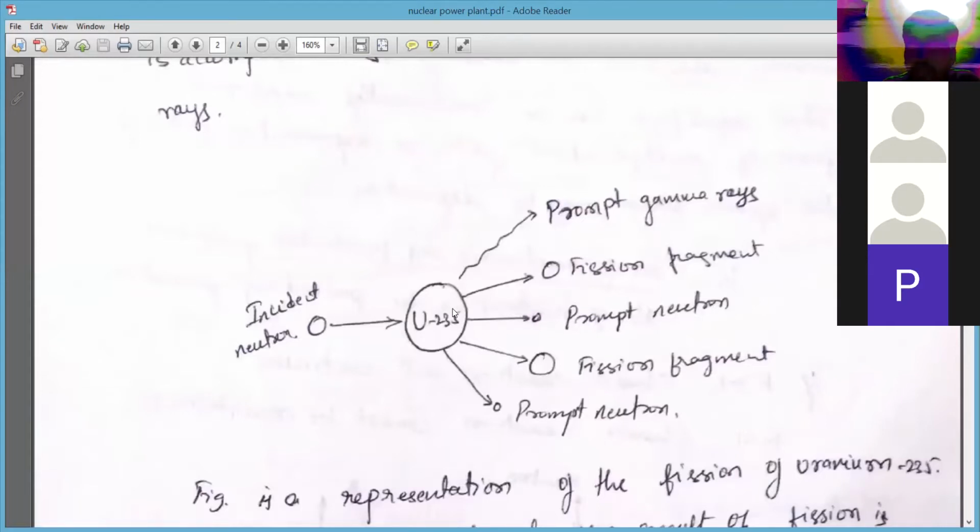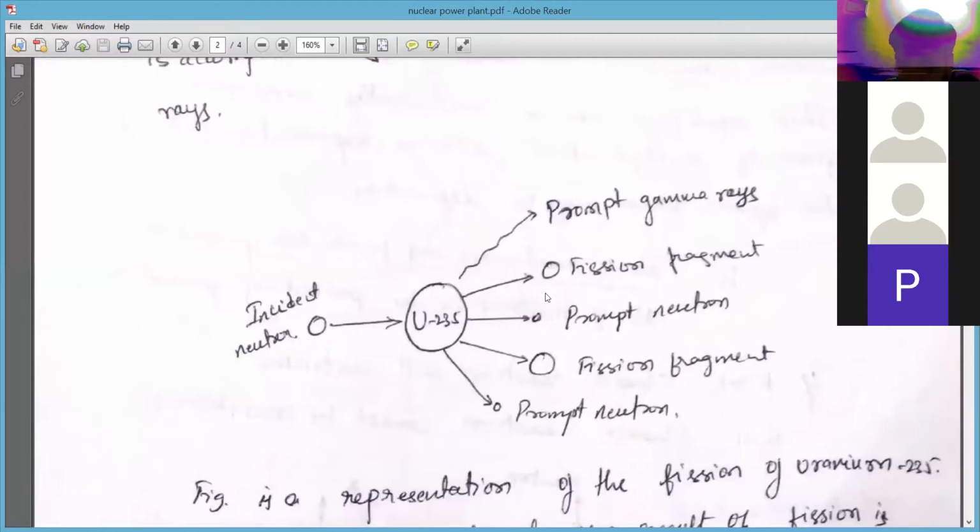That's why a nuclear power plant needs more care, because they release radioactive elements. The fission fragments are nothing but parts of uranium-235. Here only one neutron is there, but we get one or two neutrons from the fission. In this process, again, a neutron combines with another uranium-235 nucleus.